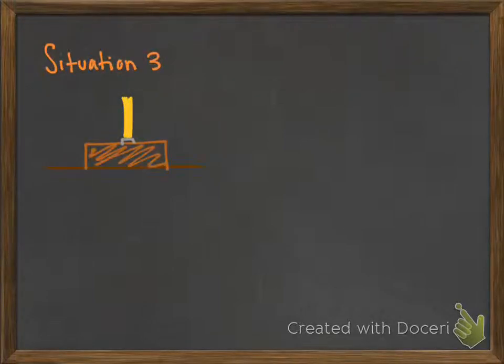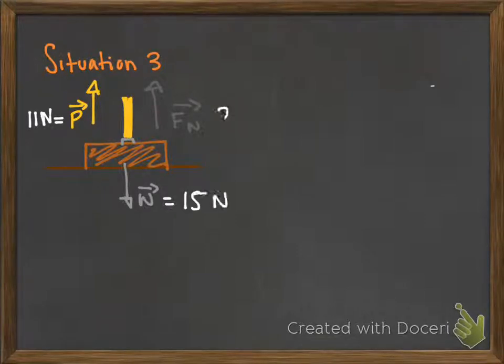Now we can also have a situation where someone is pulling on a rope, pulling the box up. In this case you have the pull, the normal force, and the weight. It's the opposite of the situation I drew before, where the weight is now equal to the pulling force plus the normal force. So let's say I give you the pulling force and the weight.